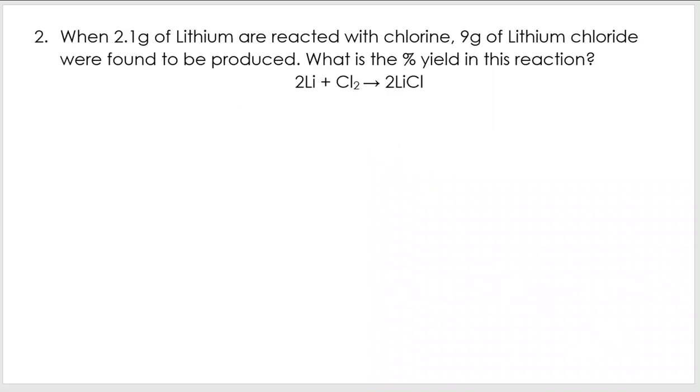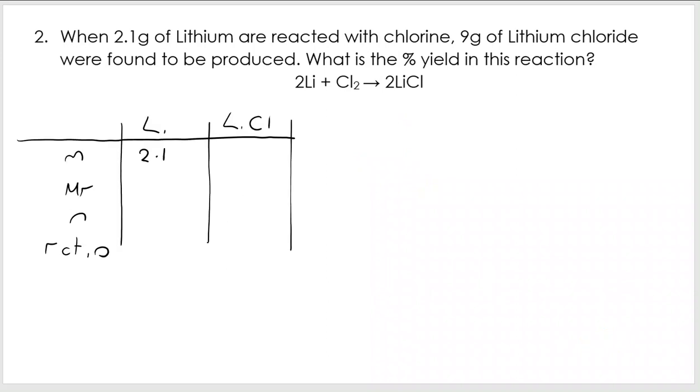Another example for you. So I draw out the table. Once again, I can put my 2.1 grams of lithium in. I put my atomic mass of lithium and molecular mass of lithium chloride into there. And from there, I can work out my moles of lithium. 2.1 over 7 is 0.3. And then the ratio is 2-to-2 or 1-to-1.